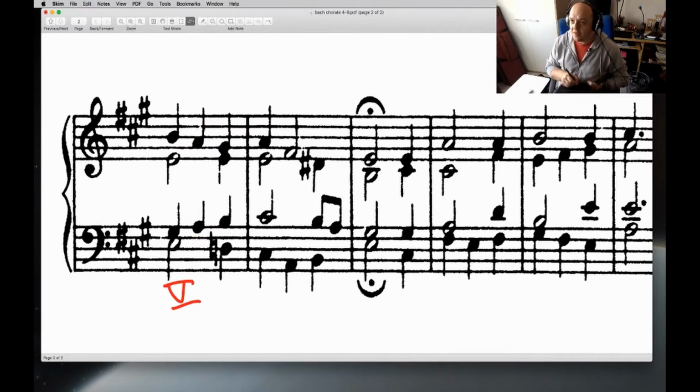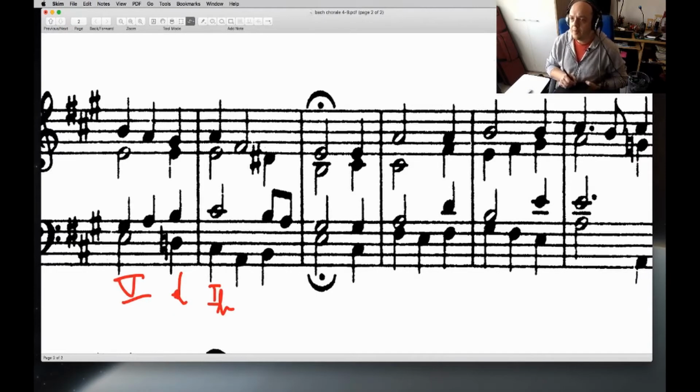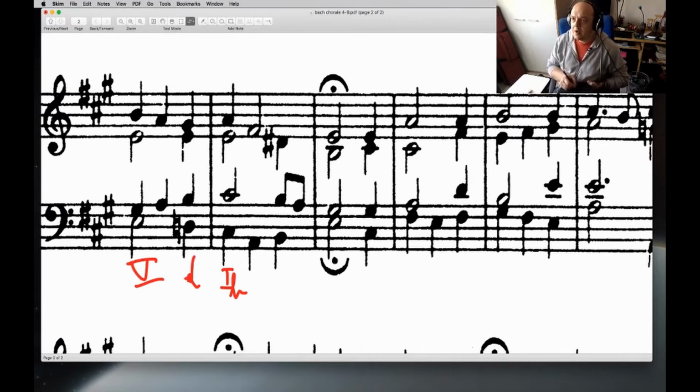Okay, still chord 5 there, but with that 7th in the bass, passing 7th, which behaves as expected, because this is chord 1 in first inversion. Chord 1. Now, this is chord 6, 7, because that E is held.